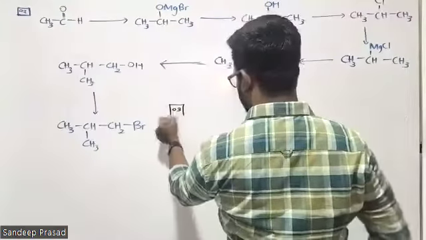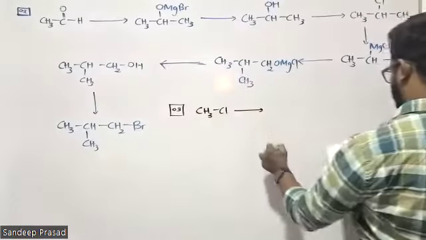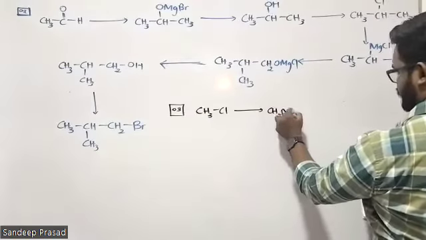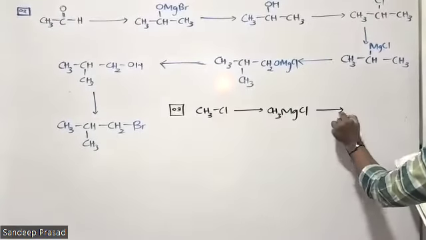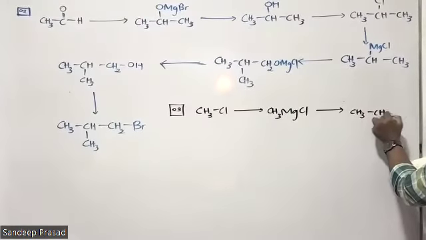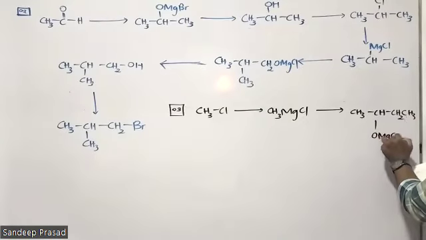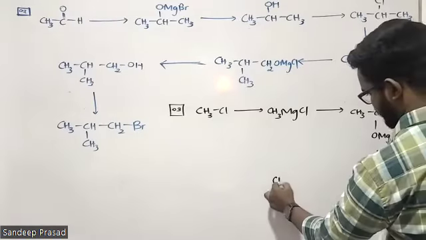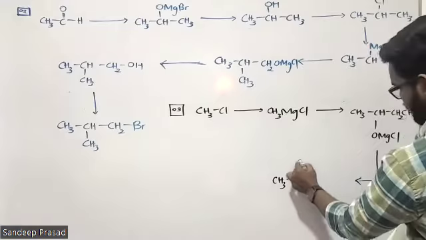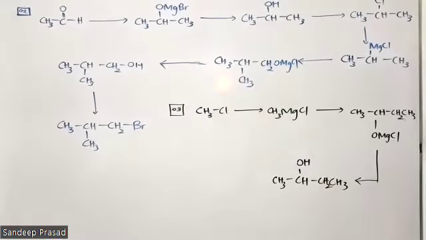I'll do the third one here. So this is very easy. CH3, OH. So we have a secondary alcohol like this. Third one.